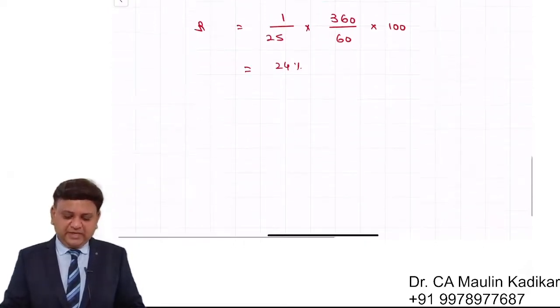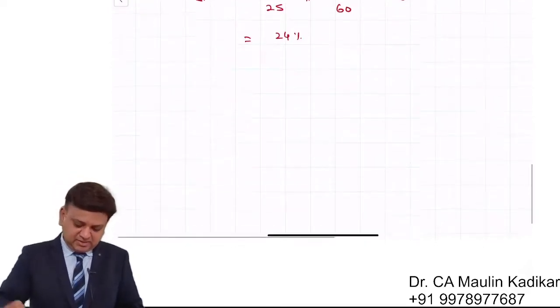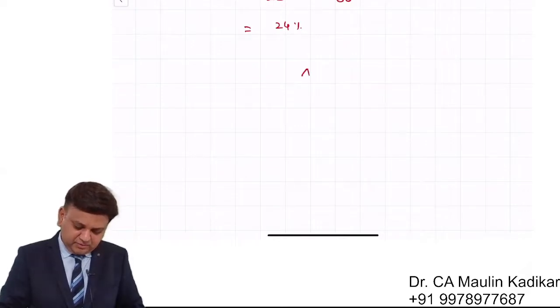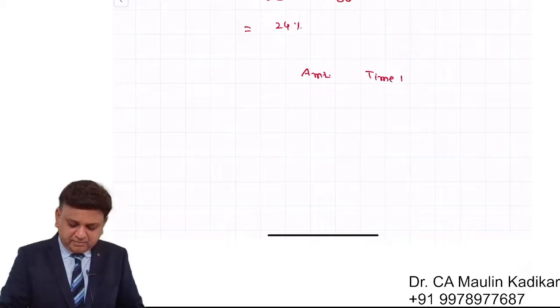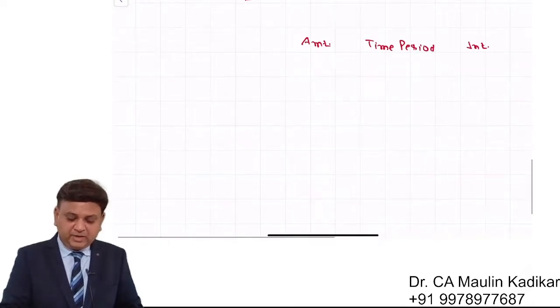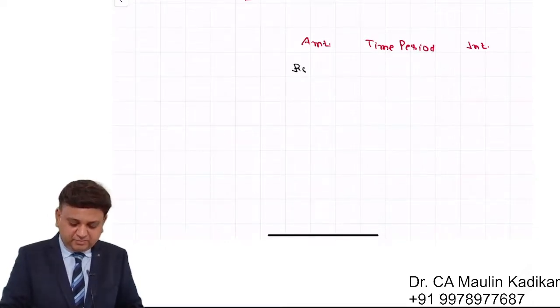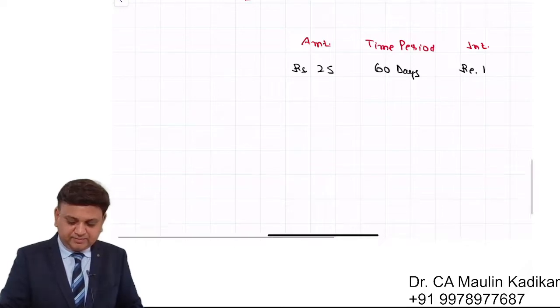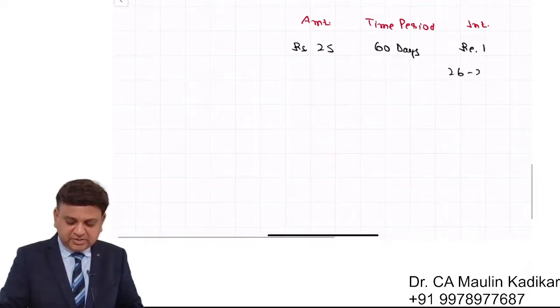Basically over here we can have a logical understanding like this. It is the amount, time period and interest. We borrow an amount of rupees 25 for a time period of 60 days and it has cost of rupee 1, that is 26 minus 25.